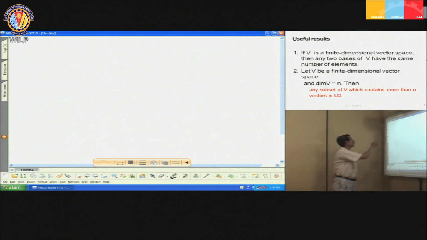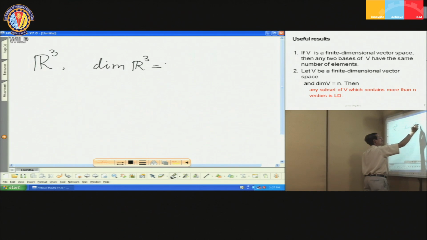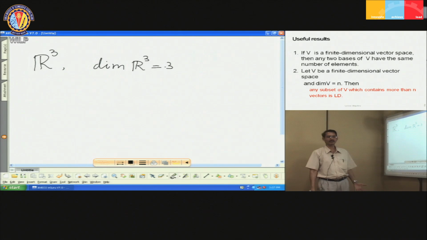For example, suppose you are talking about R3. Dimension of R3 over R is 3. It means what? Number of elements in the basis must be 3 only.